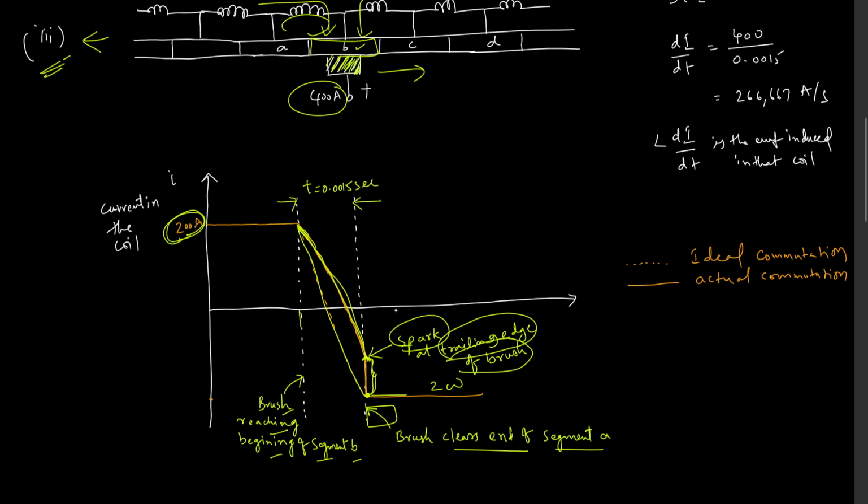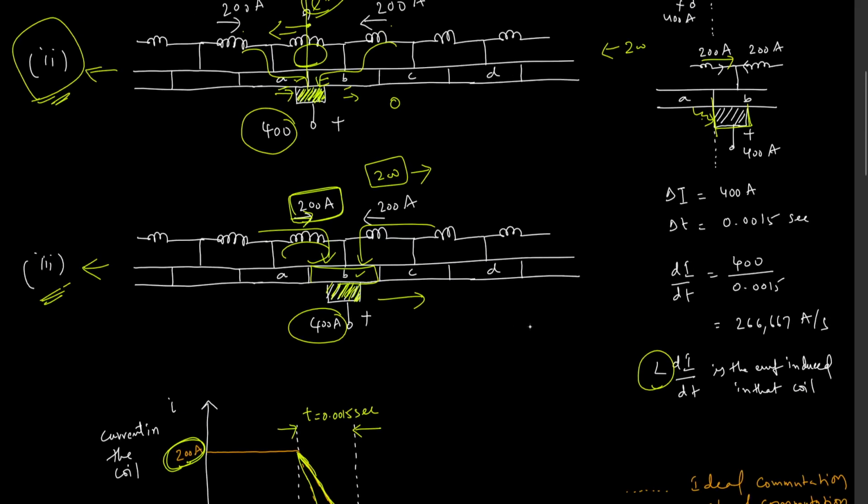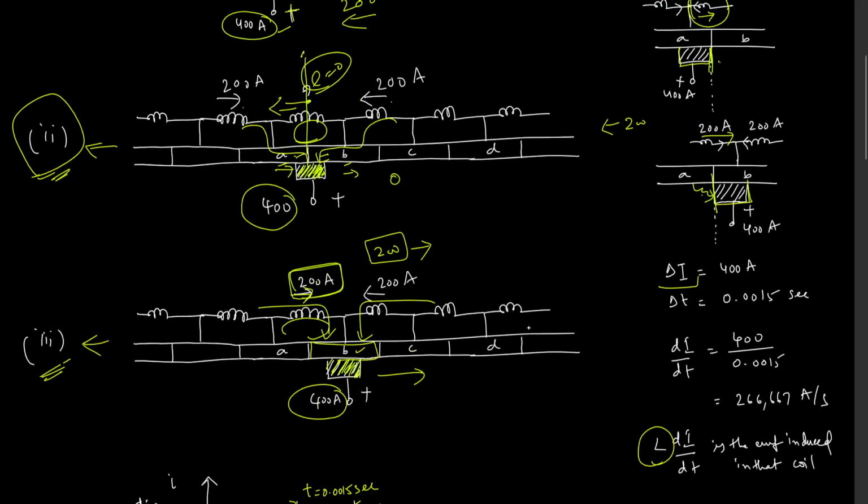Now why is the current not completing the reversal? Because of the presence of small inductance in the coil. Let us assume the change in the current is 400. It is taking place from 200 on this side to 200 on this side, so in between it comes to 0. So a 400 ampere change is taking place in that moment, during the shift of the brush from this position to this position. Assume the time taken is 0.0015 seconds.